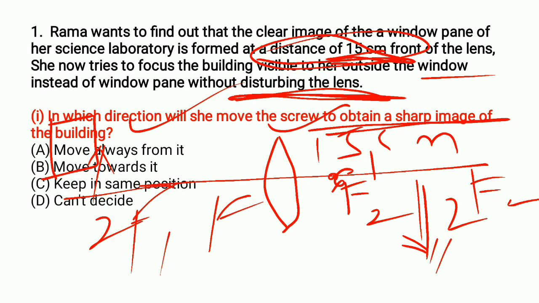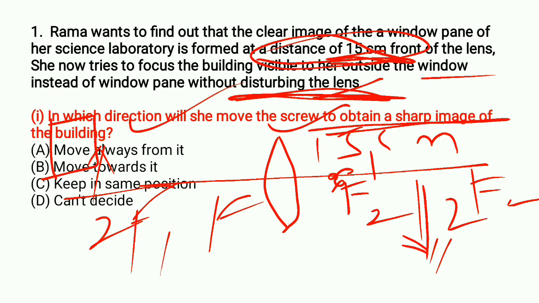In which direction is she going to move the screen? The options are: option A, move always from it; option B, move towards it; keep in the same position; or can't be decided.